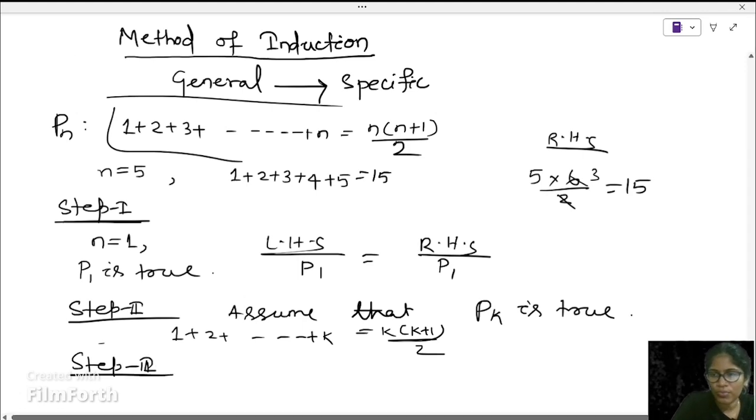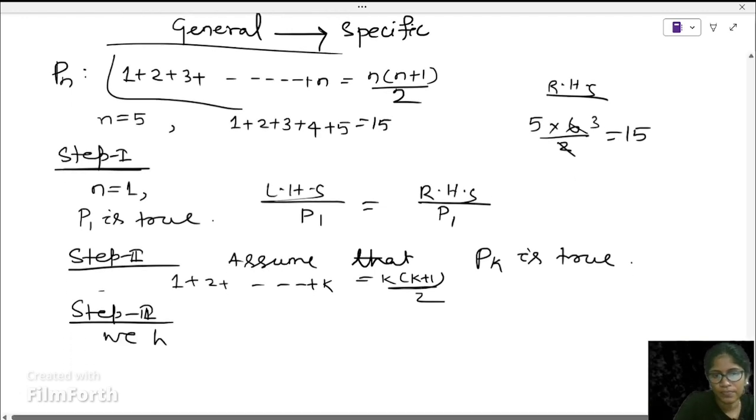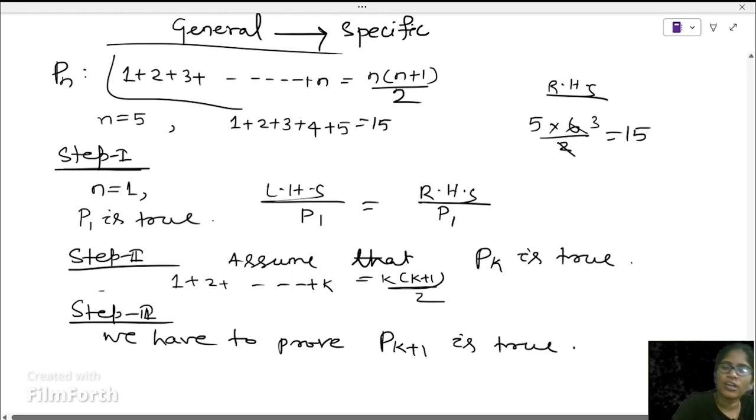In step 3, we have to prove that Pk plus 1 is true. This is the concept and overall process of this proof. First to remember, for n is equal to 1 it is true.